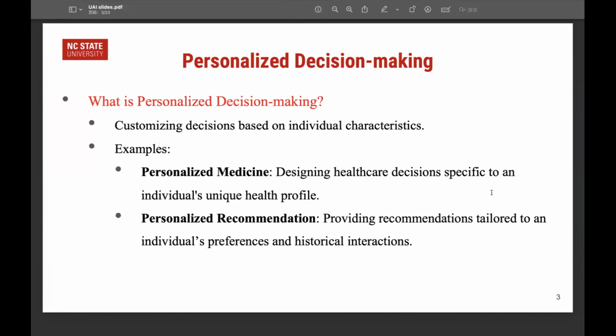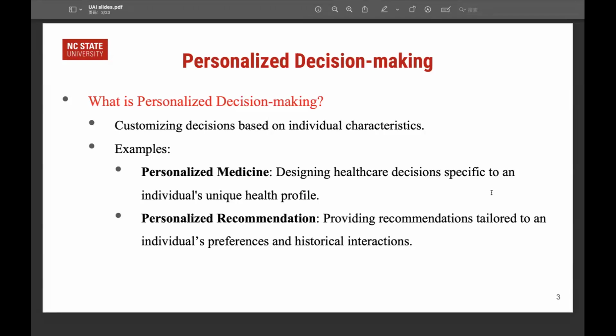Personalized decision-making is popular these days. It means customized decisions based on each individual's unique characteristics. This approach is used in many areas. For example, personalized medicine tailors medical treatment to suit individual patient characteristics, ensuring that each patient can receive the most effective treatment.